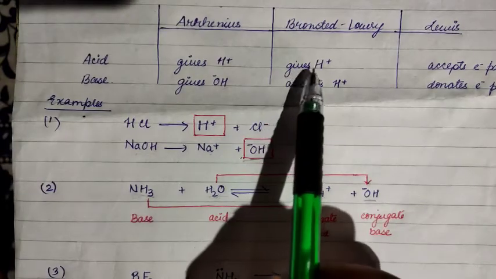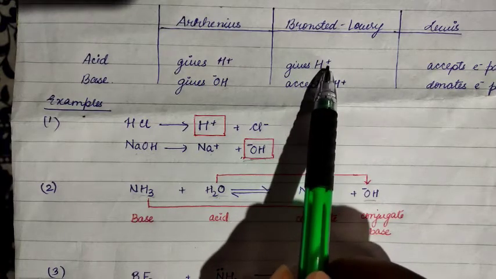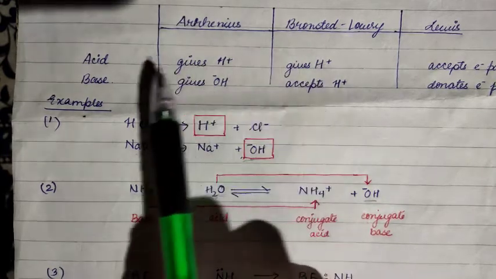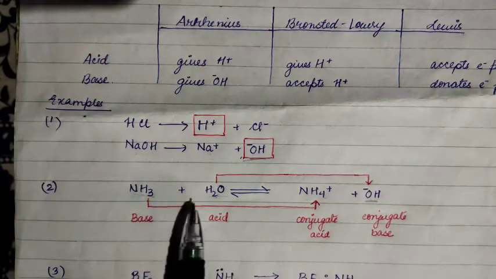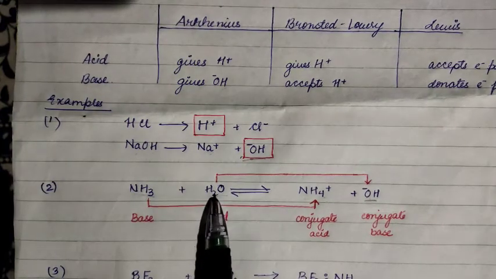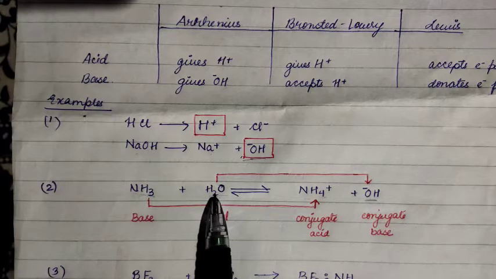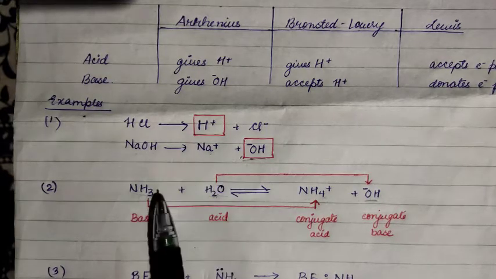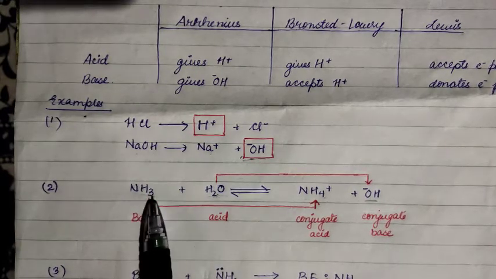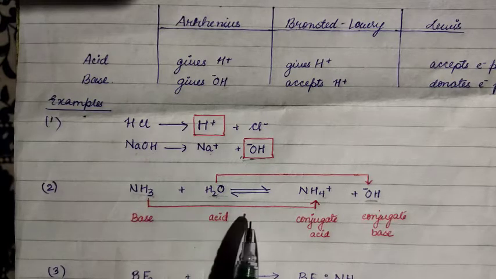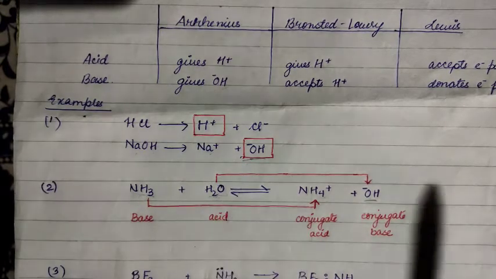So it's given here, acid will give out H positive and that H positive will be accepted by base. So H positive is given out by H2O and that H positive is taken by NH3. So NH3 becomes the base and H2O becomes the acid.